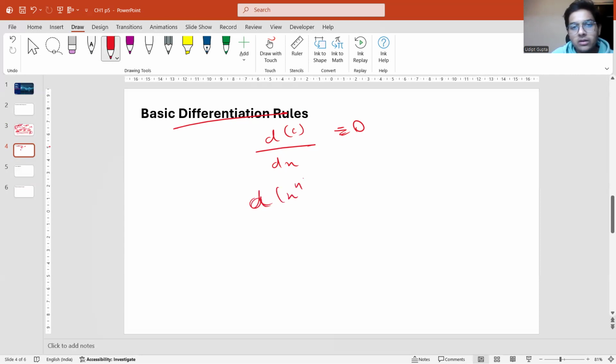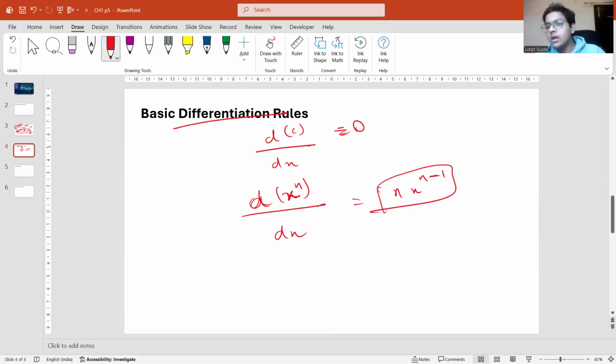Then there's the power rule. If you have x raised to power n and you differentiate with respect to x, WRT x, you must have written it somewhere in 12th, then the answer is n x raised to power n minus 1. Then there's the constant multiple rule.